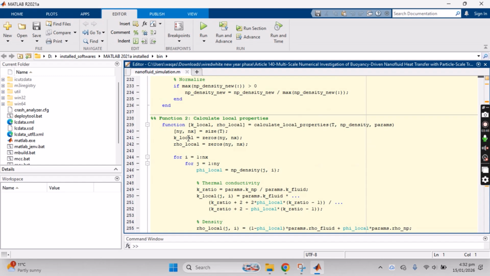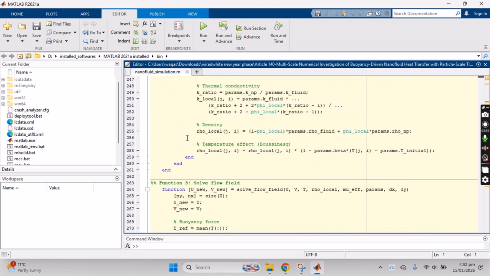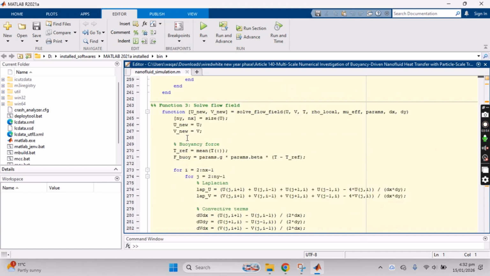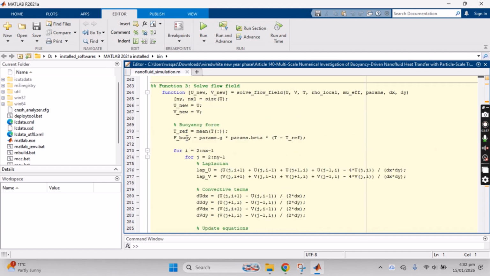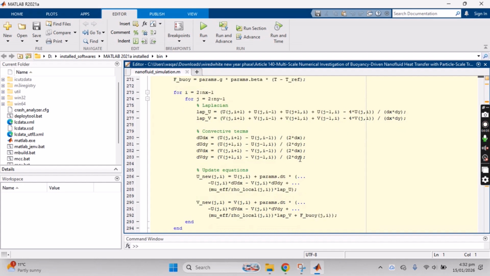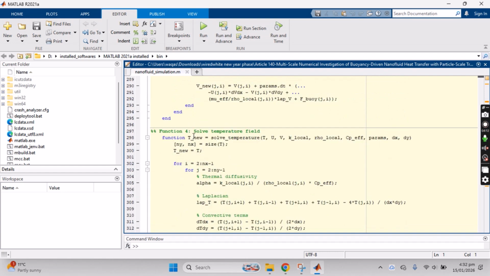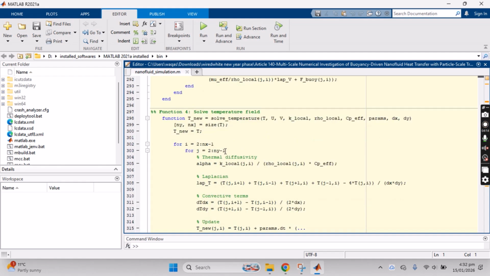The second function is used for local properties according to thermal conductivity, density, temperature effect, solve flow field, and buoyancy force. These are the Laplacian equations I have used in it. Convective terms are used as well. Then equations from the previous equation to update the equations.